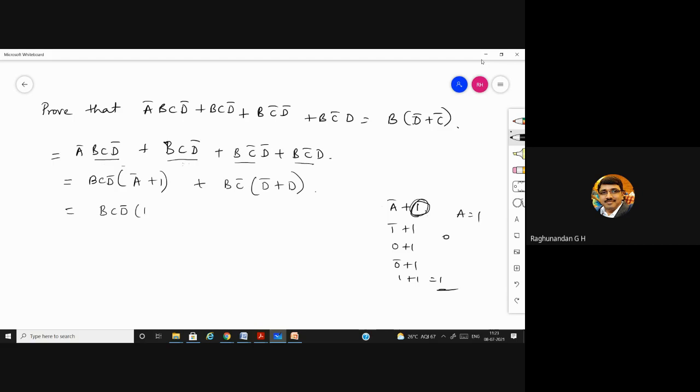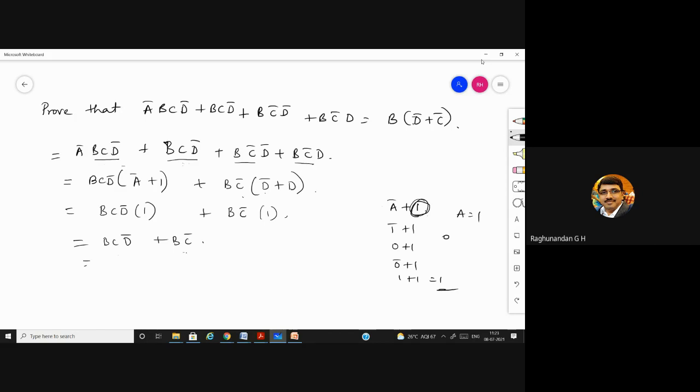That's why it is 1. Here, D bar plus D: what is D bar plus D? 1. Okay. Now, BC D bar plus BC bar. Again, is there any common thing we can have in this?